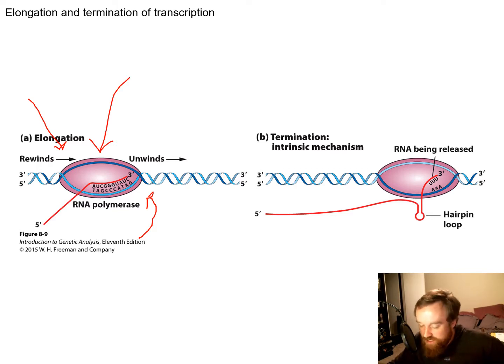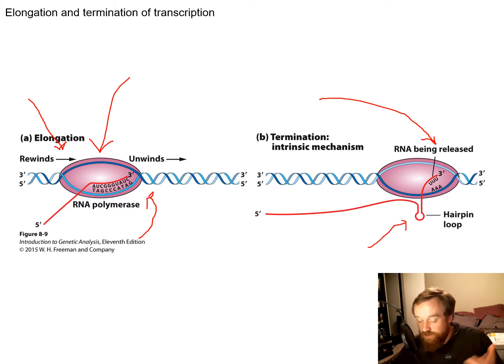So this will proceed until it gets to this UTR region where this sequence will form this hairpin loop. Like I talked about earlier, because of the presence of uracil, RNA makes these weird structures because it's single-stranded. Unlike DNA, which forms a double helix or double-stranded pieces, RNA forms all these weird substructures.